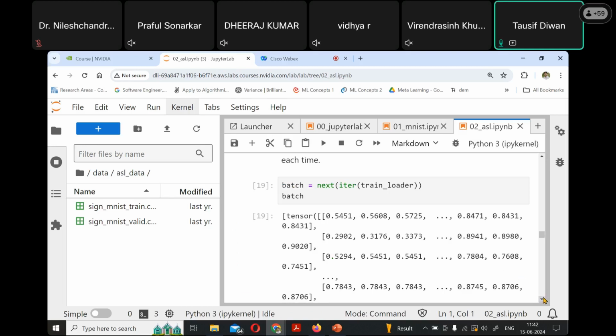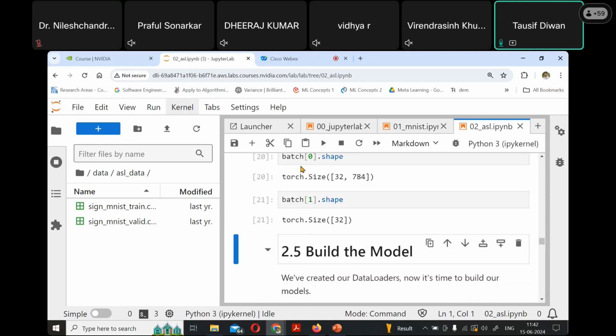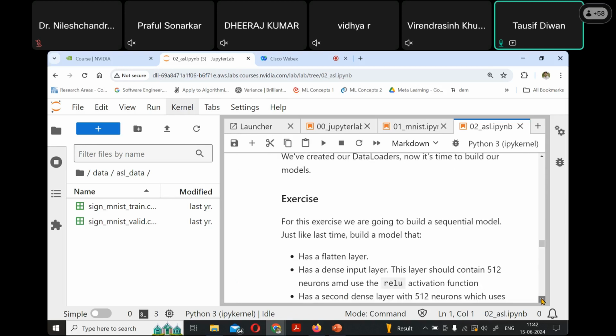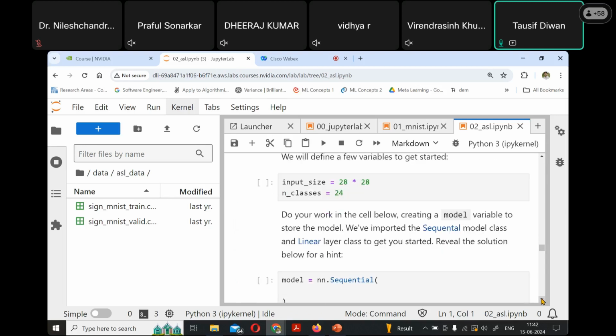So if we talk about batch of 0, we are talking about images. And if we talk about batch of 1, we are talking about the labels of the same batch. That's why this is 32. Next, building the model. It is exactly the same as what we did in the previous one.